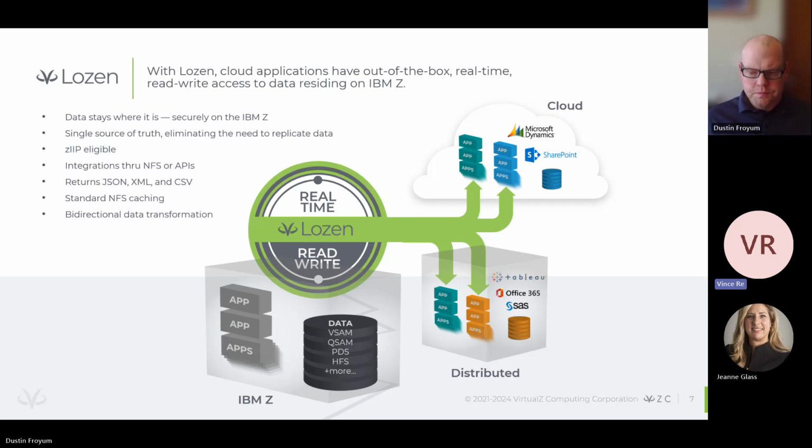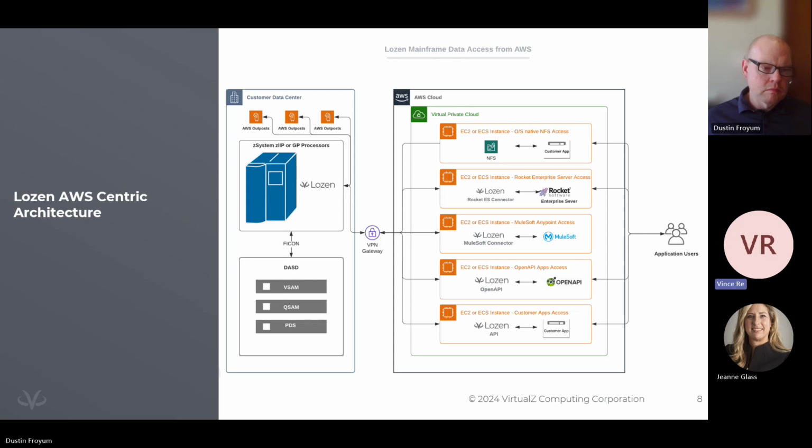So our answer to this is leave the data where it is and access it wherever you need to run your application. So stand up your application in the cloud, and then use Lozen to access the underlying VSAM data.